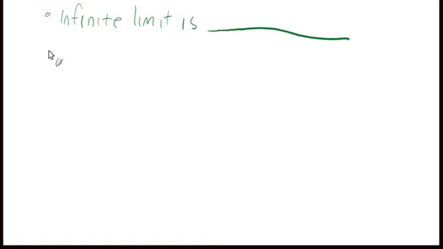We know pretty much what an infinite limit is. You could fill in that blank.